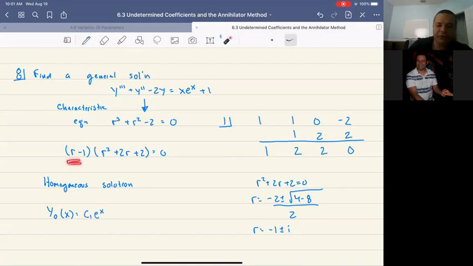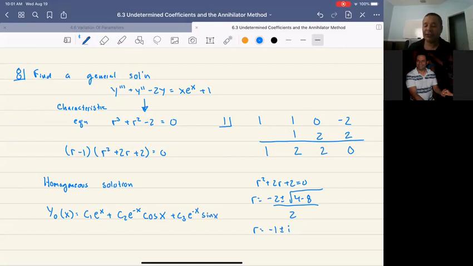That's from the r equals 1, plus c2 e to the negative x cosine of x. That's from the negative 1 plus and minus i. And then we also need a c3 e to the negative x sine of x. Okay, so that's the homogeneous solution.